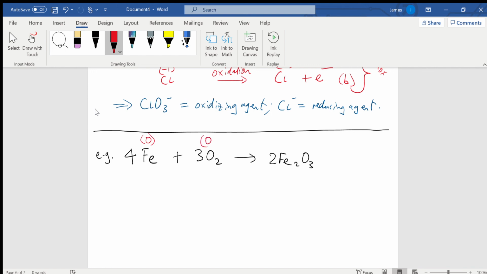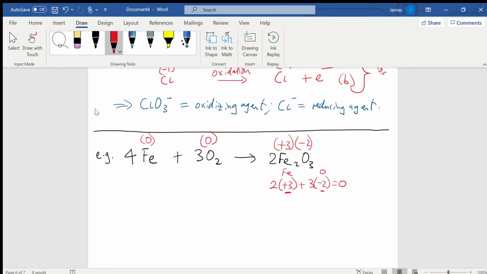Zero for the elements, and then we have +3 and -2. Recall that we had 2 lots of +3 iron and 3 lots of -2 oxygen to give a neutral charge. So that's where the +3 and the -2 came from at the start of the video.